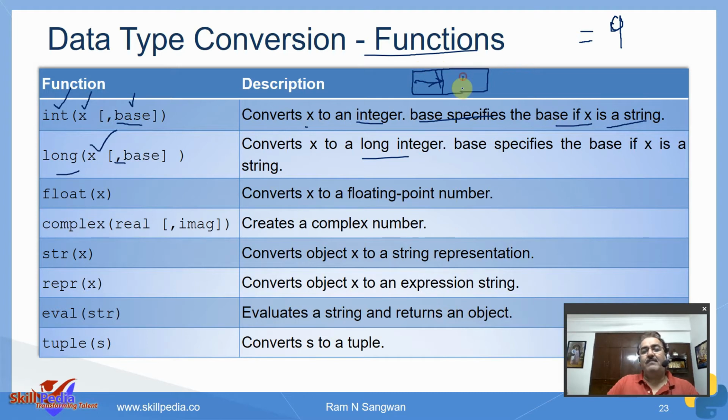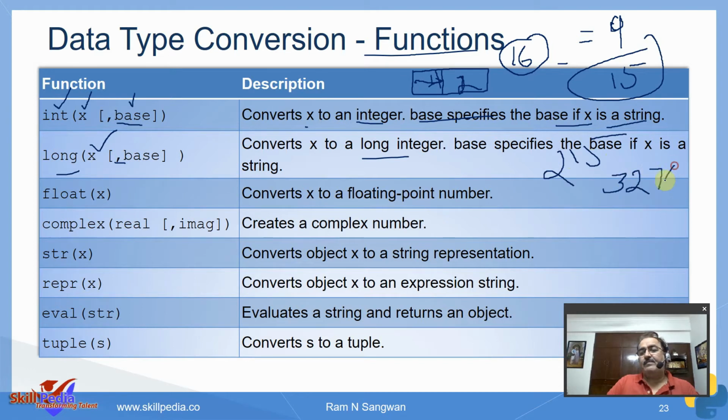That means 16 bits. This is the first byte, this is the second byte. If you have a total of 16 bits and 1 bit is reserved for sign, we get 15 bits to represent the number, and 2 raised to the power 15 comes out to be 32,767. That is the maximum value you can have in integer, assuming that it is using 2 bytes.